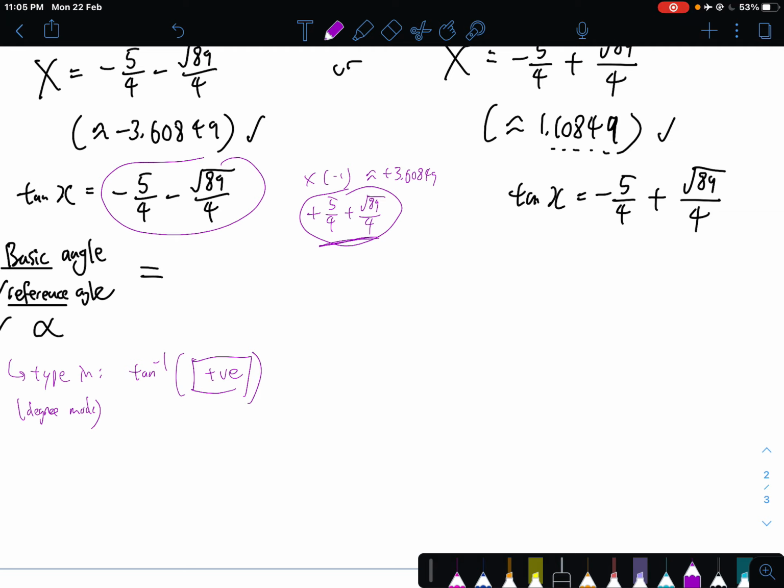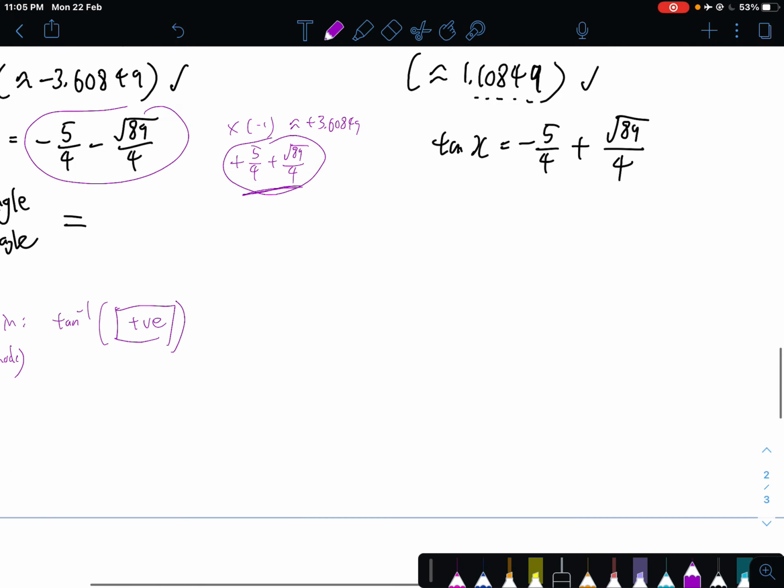Type in the positive version of the number. Ignore the sign. So what I'll type in is tangent inverse of 5 over 4 plus square root 89 over 4. Type that into your calculator. Tangent inverse it, and then you should get a certain answer.